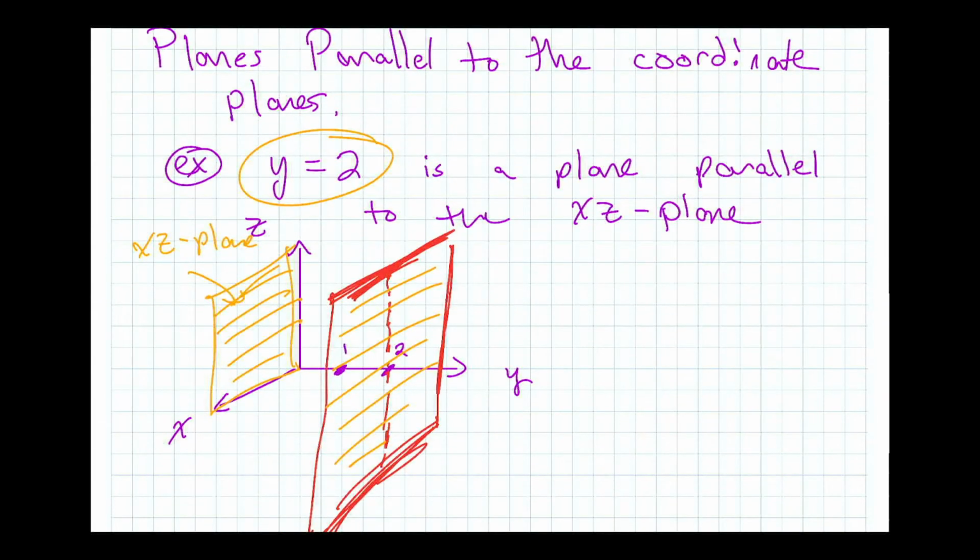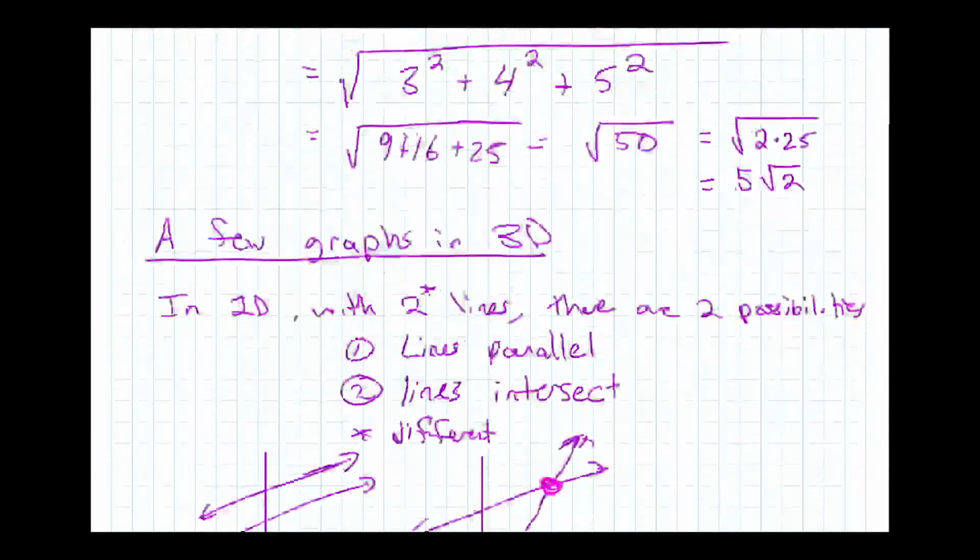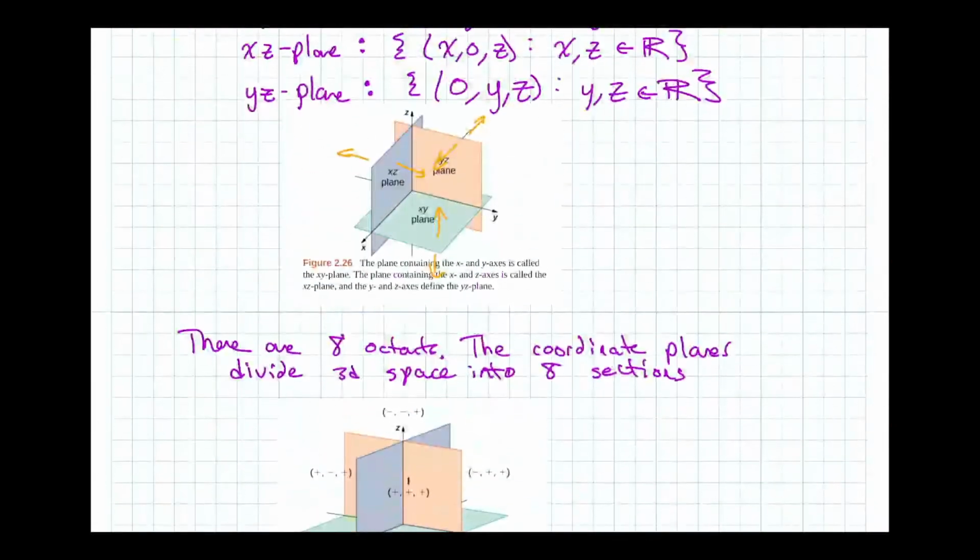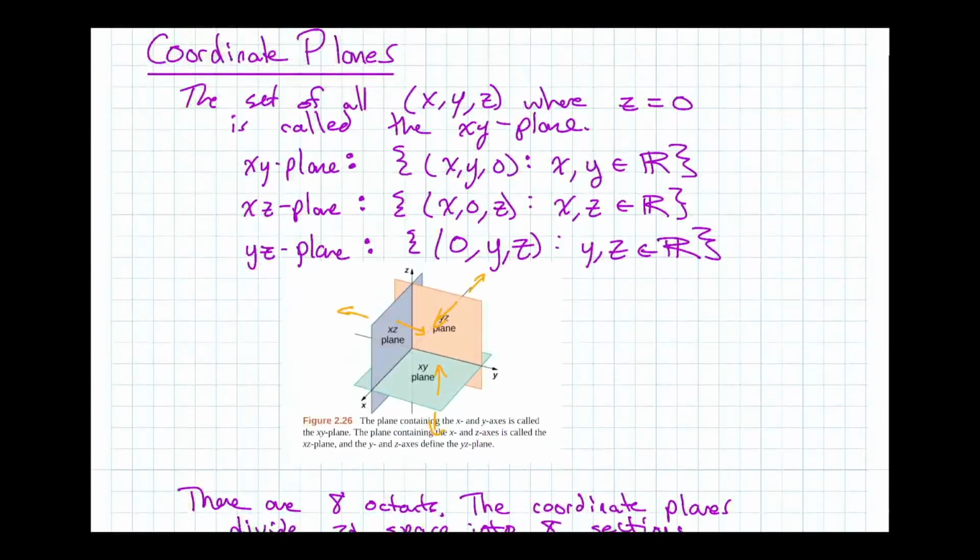When you want something that's parallel to the xz plane, if it's parallel to xz, then the equation for it is y equals something, right? And that just comes down to your definitions of the coordinate planes, right? Like xy is when z is 0. Well, that z could be something else other than 0, and that would take the xy plane and move it up and down.